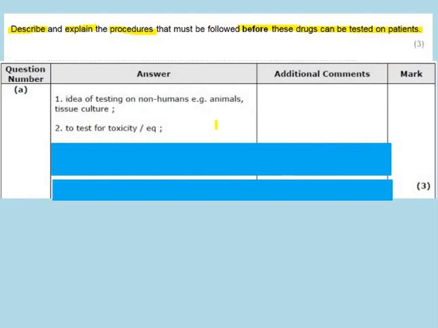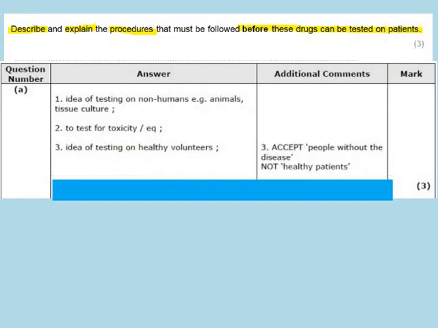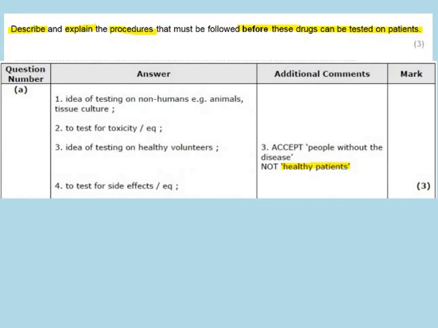Following this, because remember, patients is not one of the first 2 steps. Patients start getting involved after you've tested healthy volunteers. You could not say healthy patients, because again, we're looking for before that step. And this is to find out if there's any side effects. So score yourself out of 3.